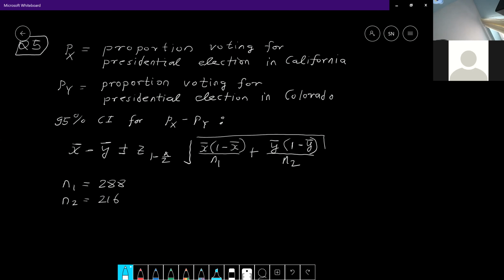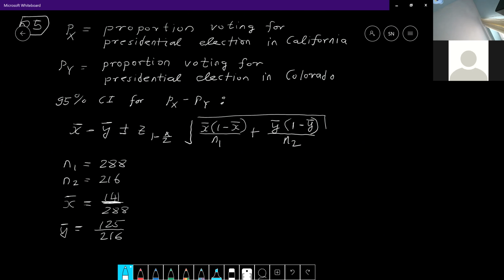X bar is the sample proportion for the first population, which is 141 divided by 288. And Y bar is the sample proportion for the second population, which is 125 divided by 216, right? And for the 95% interval, alpha is 0.05.